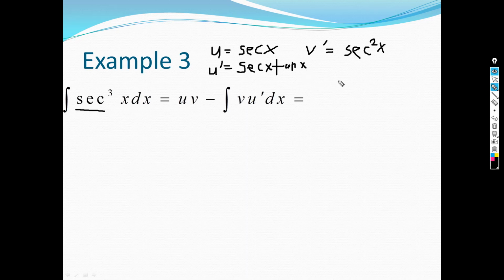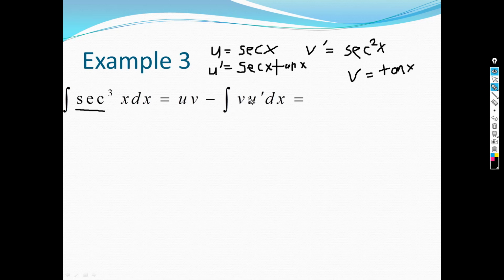And over here v prime equals secant squared. We can find v from that antiderivative, the integral of secant squared is tangent of x.